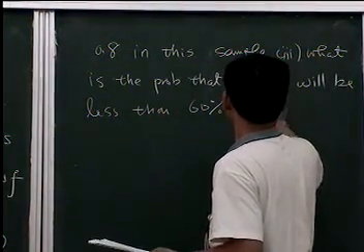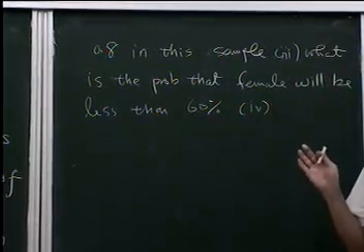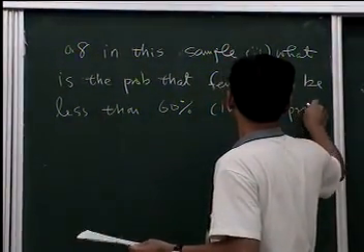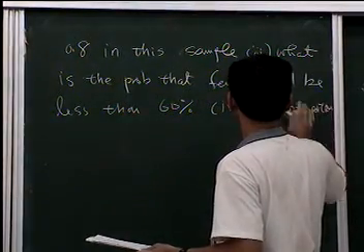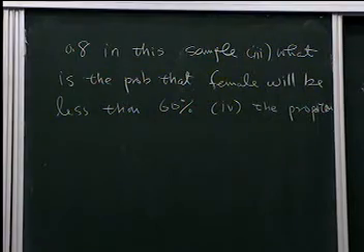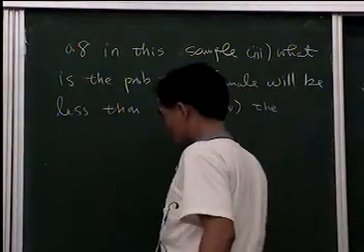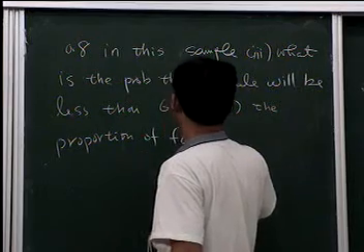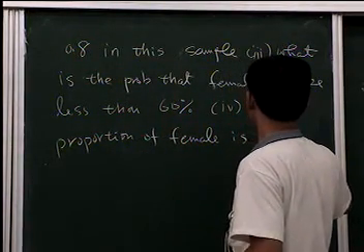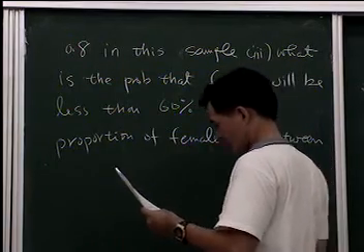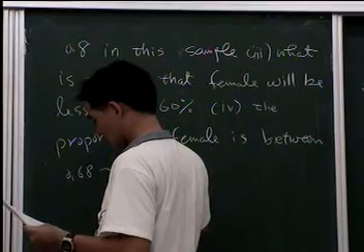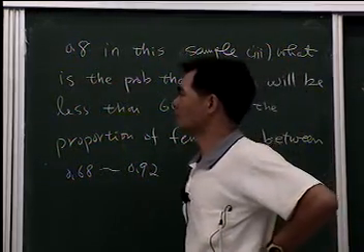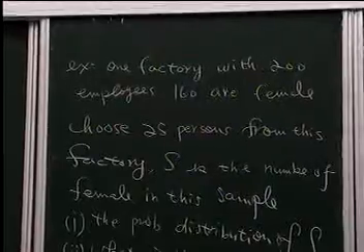The fourth one, all the same, we are talking about the probability of female, and so this is the proportion of female is between 0.68 and 0.92.